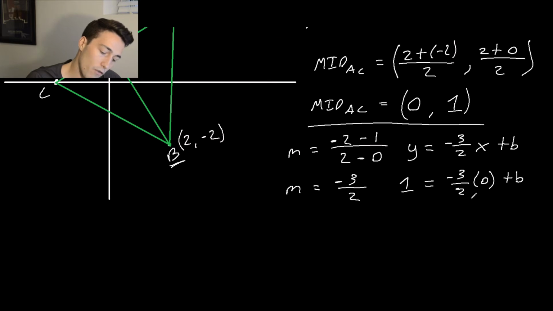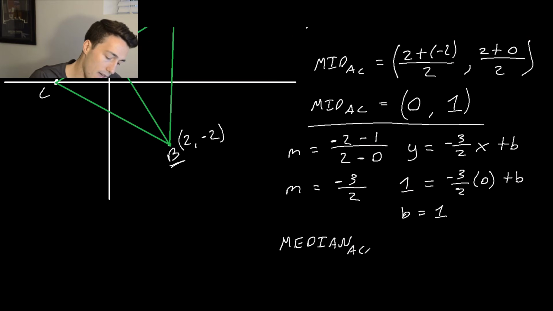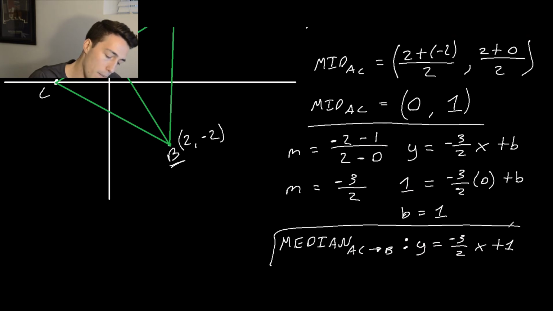Negative 3 over 2 times 0 is just 0, so b is going to equal 1. So now we can write the median from AC to point B as y equals negative 3 over 2 x plus 1. So that was one of our medians right there.